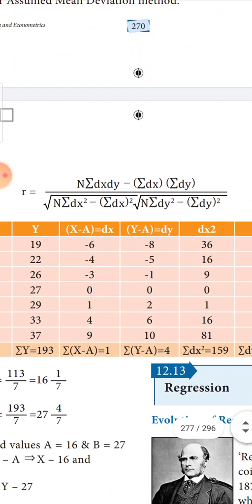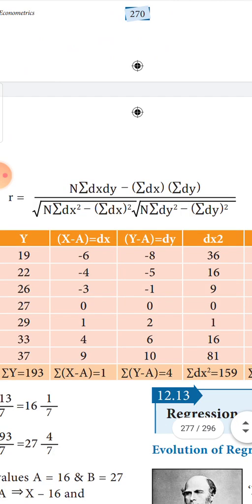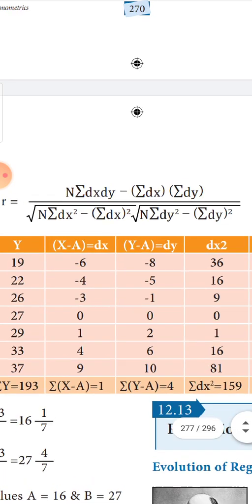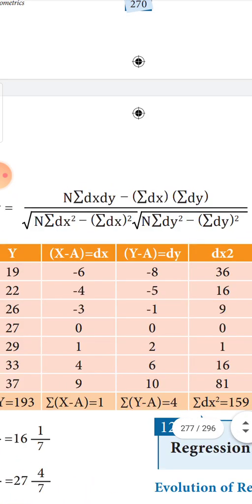The formula is n sigma dx into dy minus sigma dx into sigma dy, divided by root of n sigma dx square minus sigma dx the whole square, into root of n sigma dy square minus sigma dy the whole square. There is a difference here. Please understand, children.